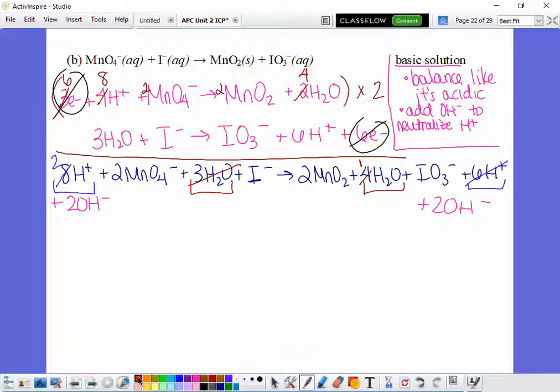Second pop quiz. H plus OH minus is what? H2O. So what do our 2 H plus and 2 OH minus become? 2 H2O.